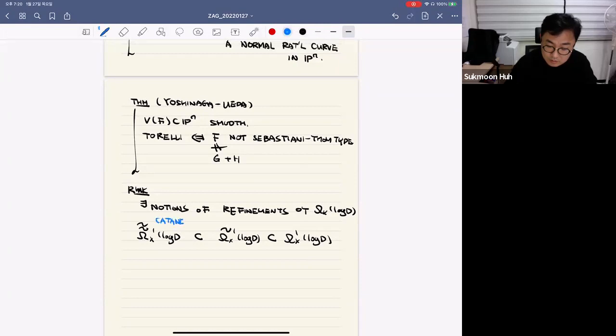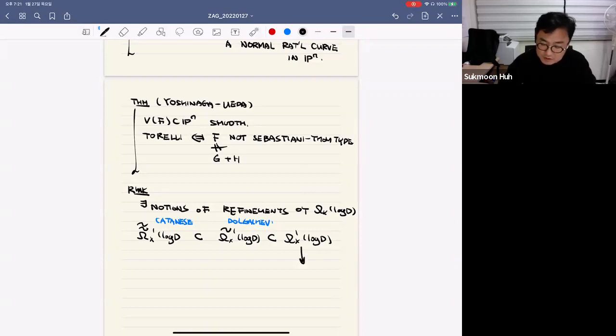The second one is by Dolgachev. And I'm sticking to the notation of Dolgachev for his sheaf, but for Catanese, this is not the notation he used. What he used is just the usual notation for the logarithmic sheaf, but to distinguish, I will use just double tilde.